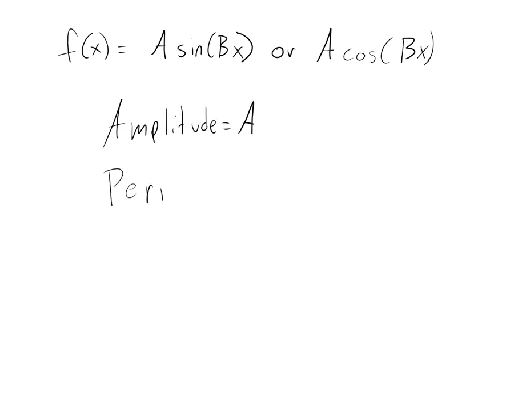And the period, this one is the hard one. We start off with 2 pi, and then whatever that b is, we make sure to divide by it. Okay? So, amplitude is a, and the period is 2 pi over b.